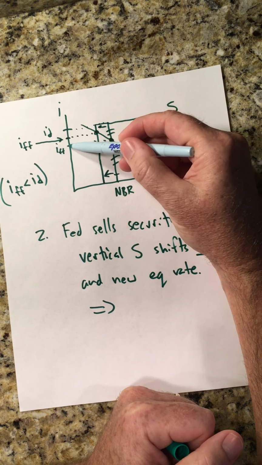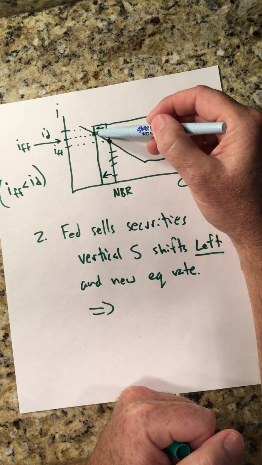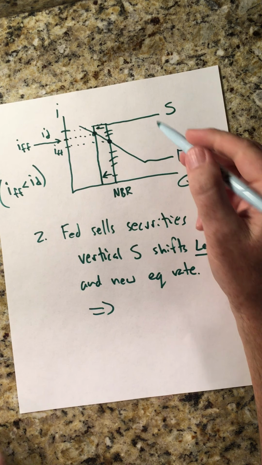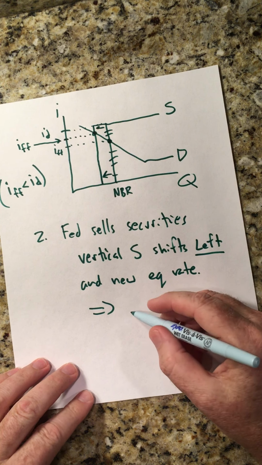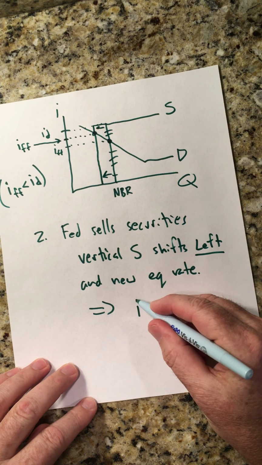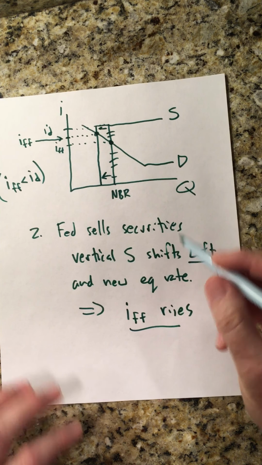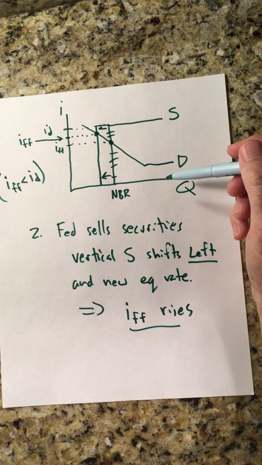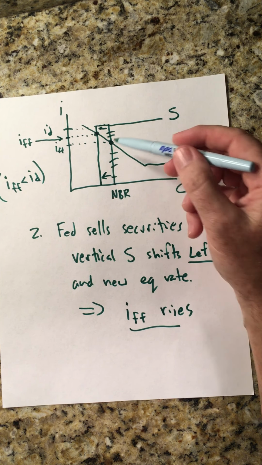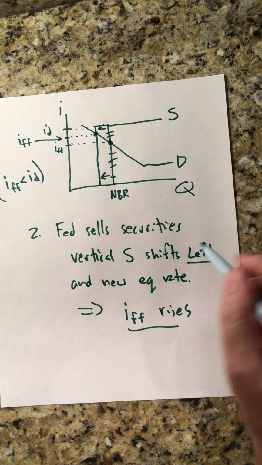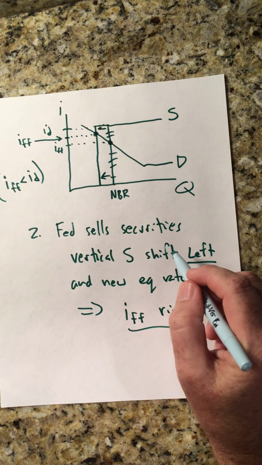I go from down here to up here now where these two curves intersect. All right, so I have a new equilibrium rate. That means my federal funds rate rises. So if I start in a situation like this, then what I see is that the federal funds rate goes up due to the Fed selling securities.